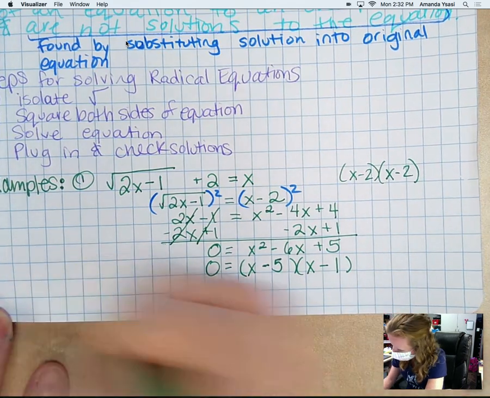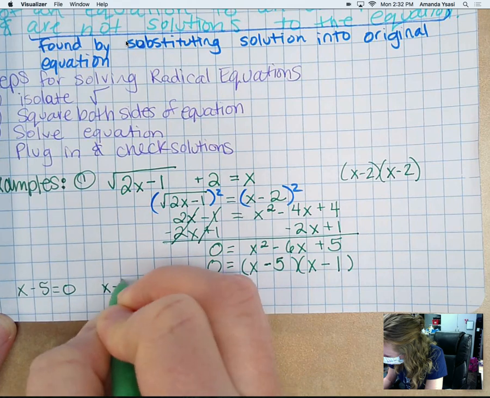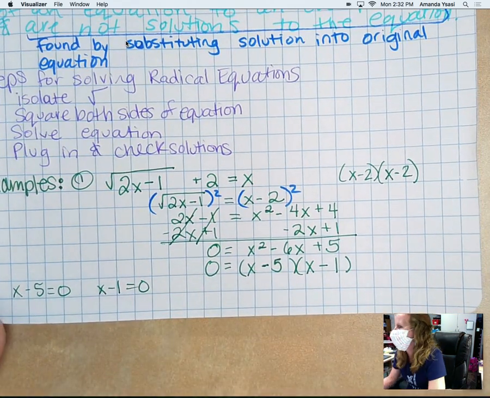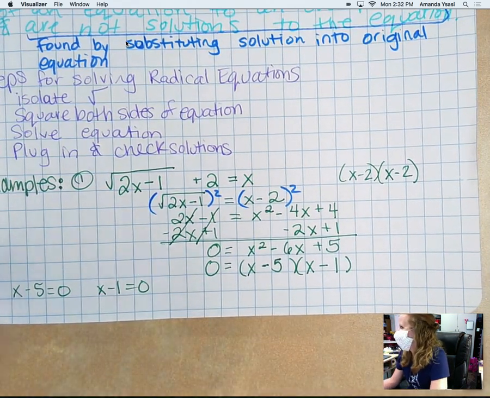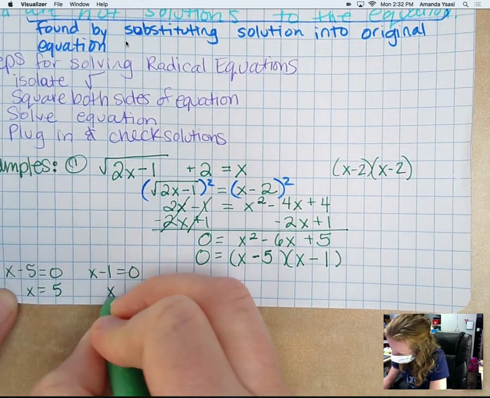Then we would solve each one. So x minus 5 equals 0, x minus 1 equals 0. So our solution is x equals 5 and x equals 1.